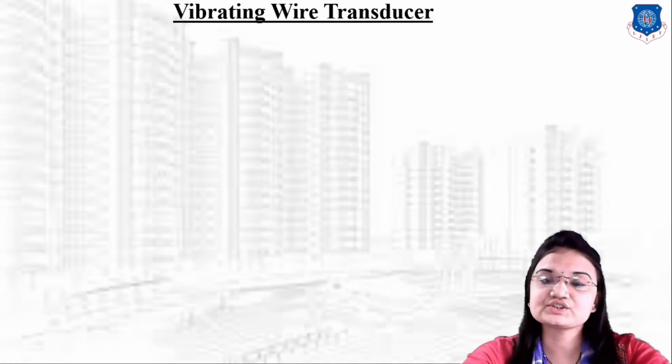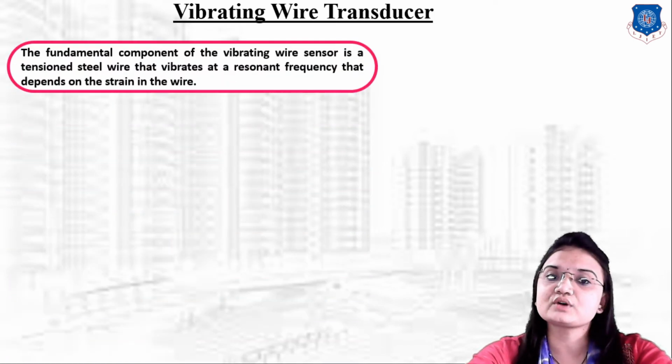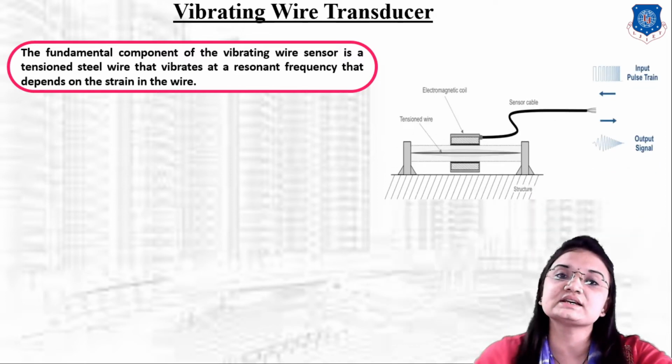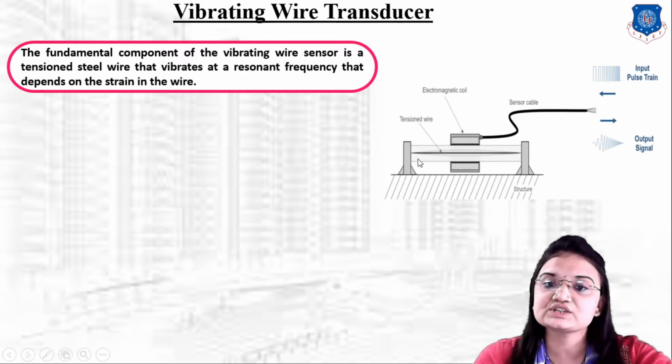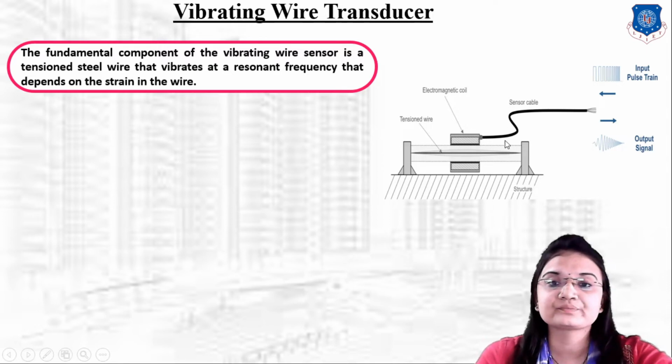Now next one is the vibrating wire transducer. The fundamental concept of the vibrating wire sensor is a tensioned steel wire that vibrates at a resonant frequency that depends on the strain in the wire. You can clearly see in this figure that this one is the tension wire, these are electromagnetic coils, and here we have the sensor cable.